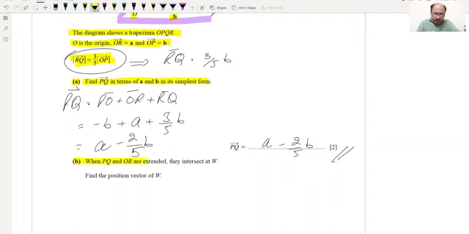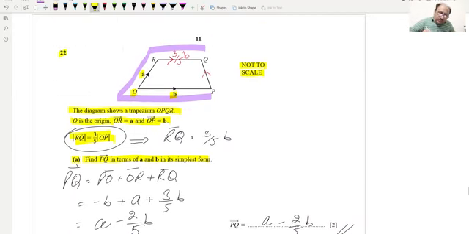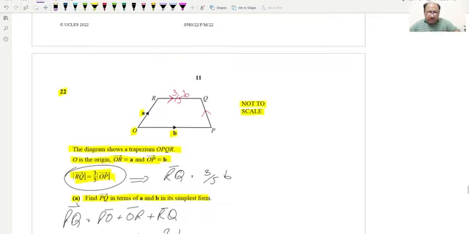Now for B part, when PQ and OQ are extended, they intersect at W. So this is the construction which we will be understanding. If we extend PQ and reach here, and if we extend the other side RQ and touch this one basically, so this point is W. This is what they are saying.